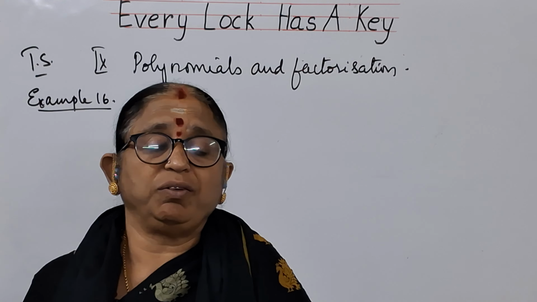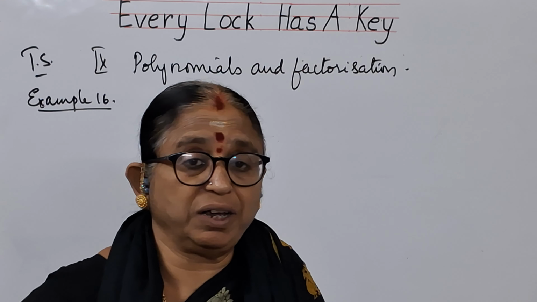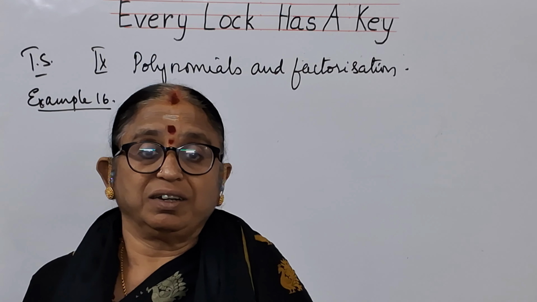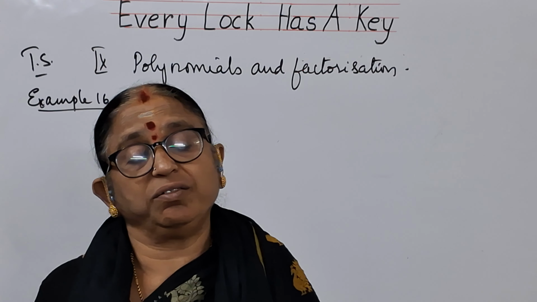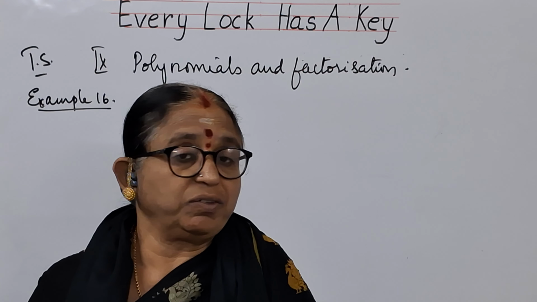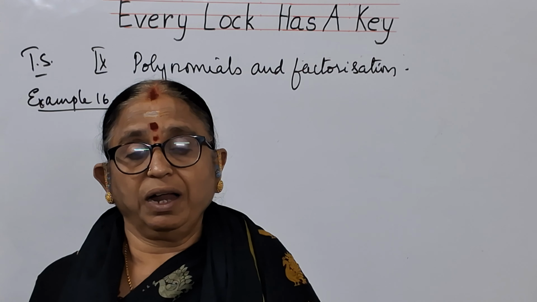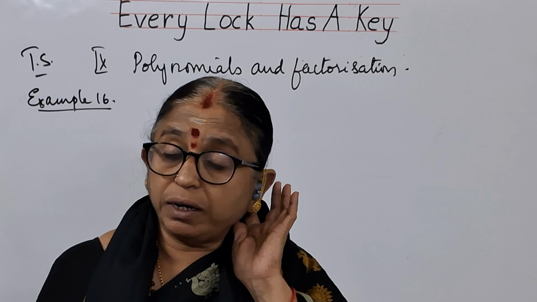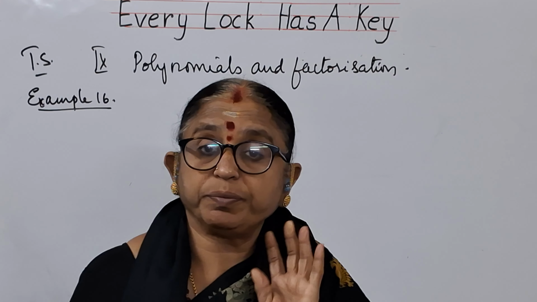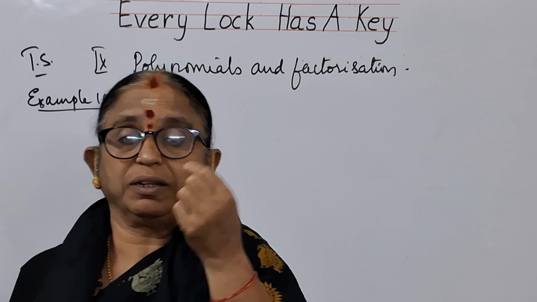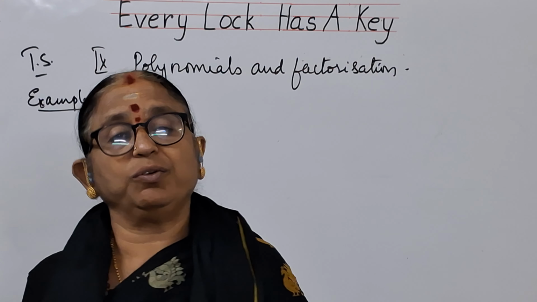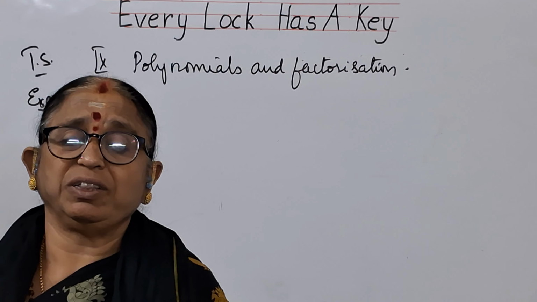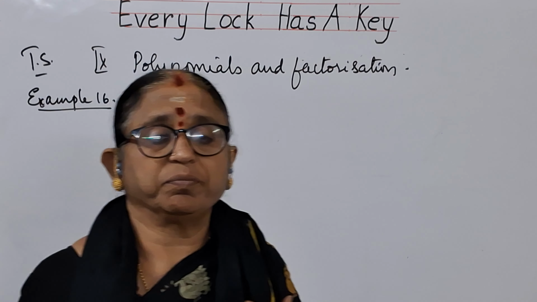Some people will go by every single key, they test, and finally they will definitely find out which one is suitable. And there may be one or two who can just go through the number that is there at the back of the lock and open it. That will be easily done within very limited time.